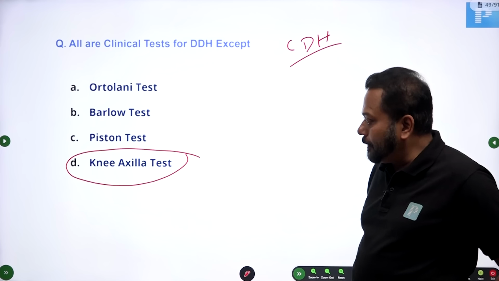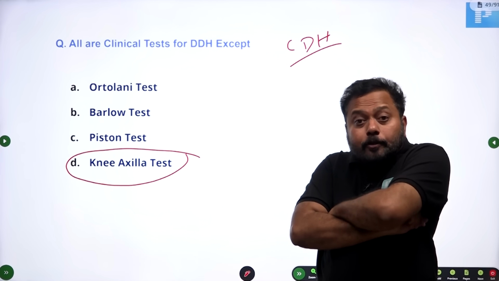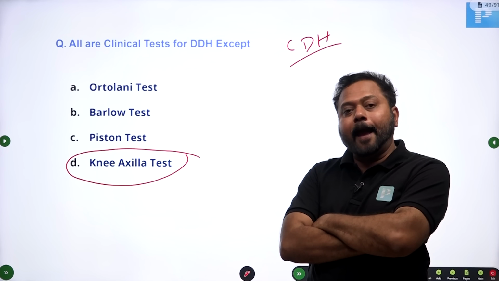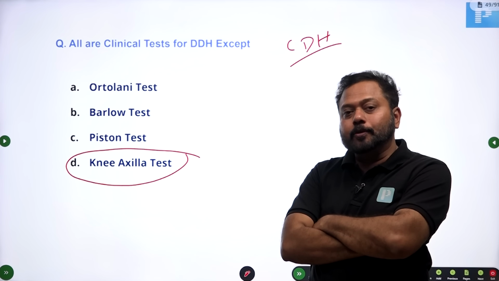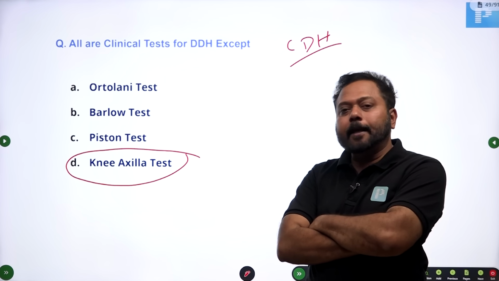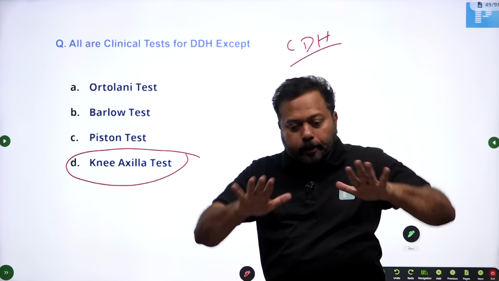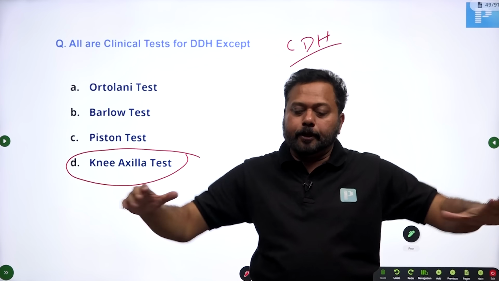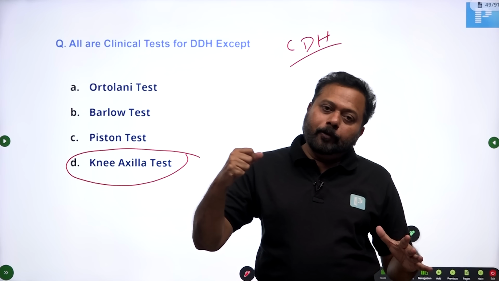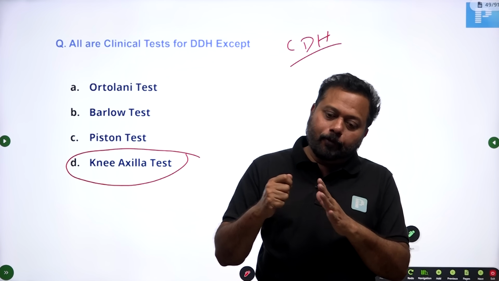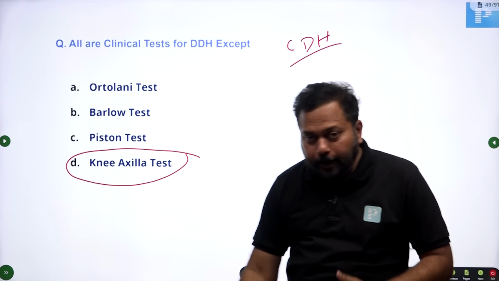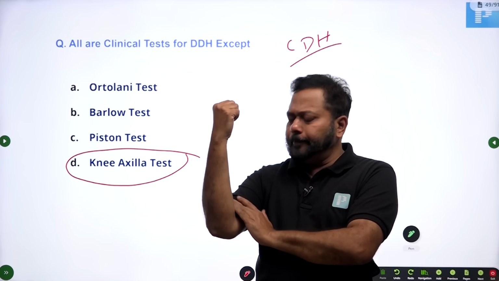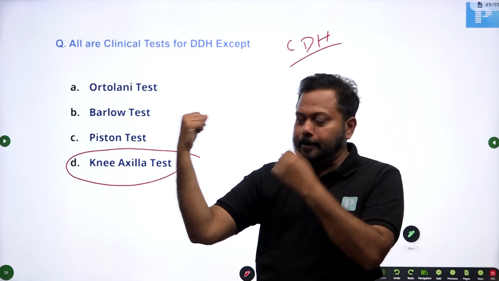Except knee axilla test. Focus your fullest attention. Some books use the word sectoral sign. In a normal individual lying supine, flex the hip fully and flex the knee joint fully. For example, this is my lower limb, this is my knee, this is my hip, imagine.